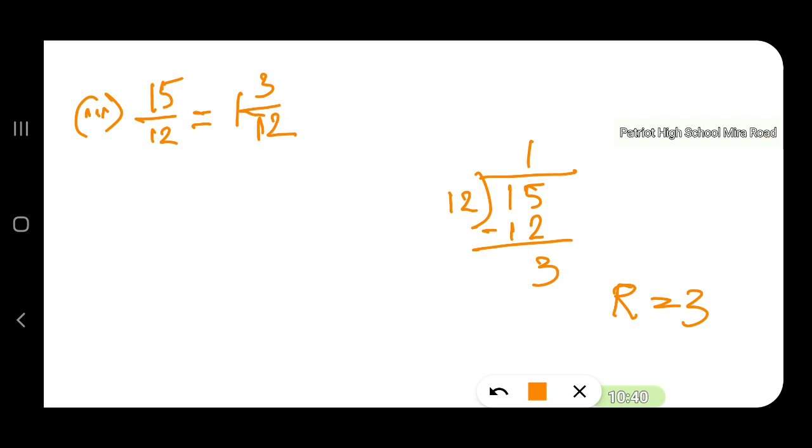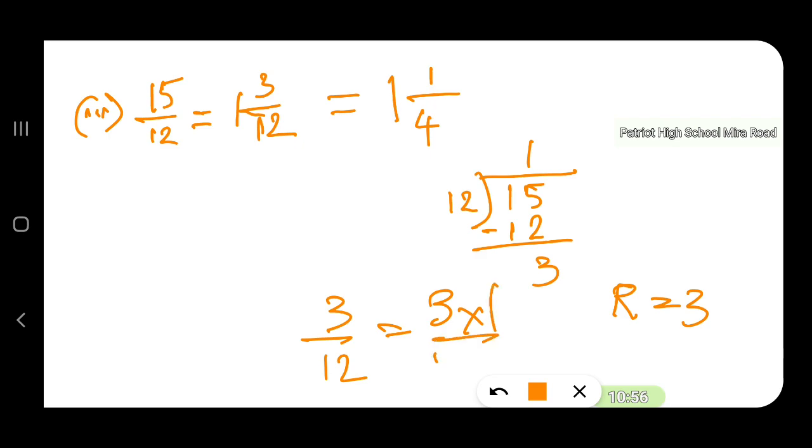This can be further written as 1 integer 1 upon 4, because 3 upon 12 is 3 into 1 upon 3 into 4. So 3 ones are 3, 3 ones are 3 will cancel, so it will be 1 upon 4. So we have written the correct form.